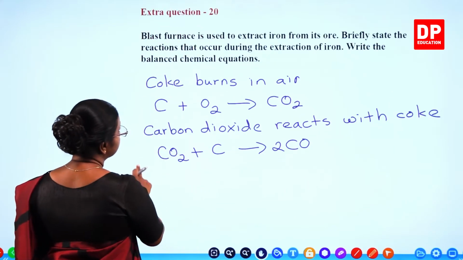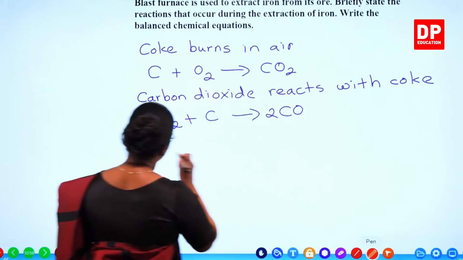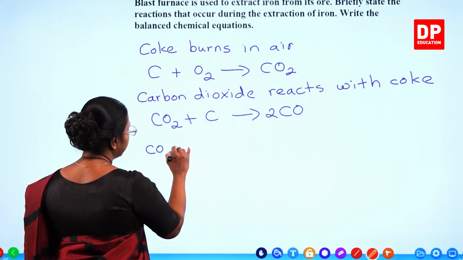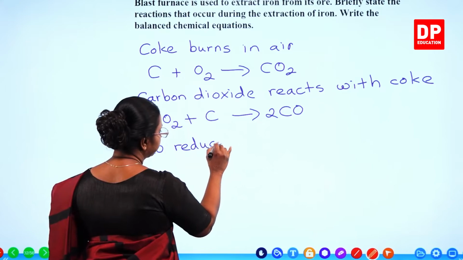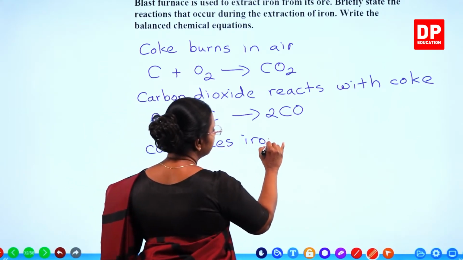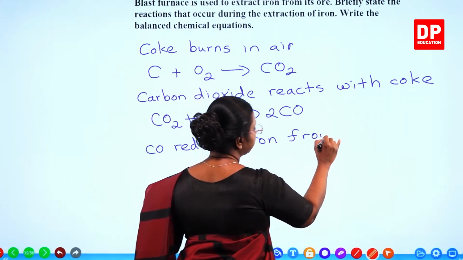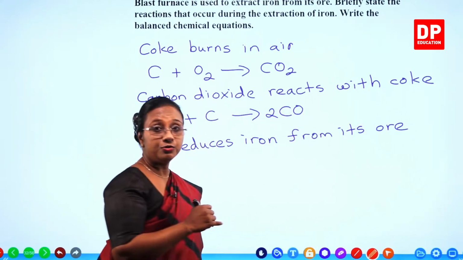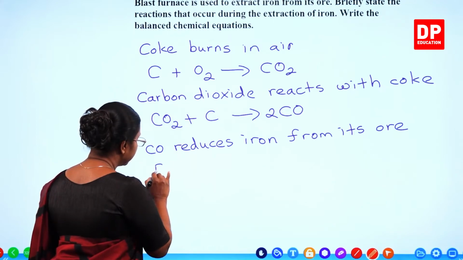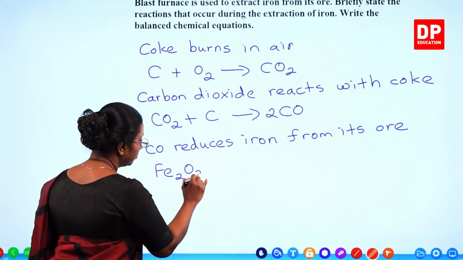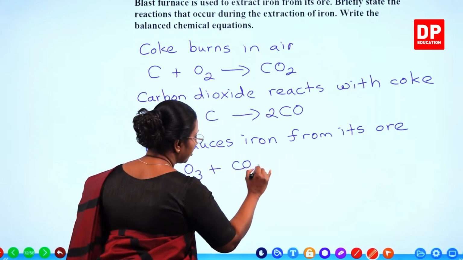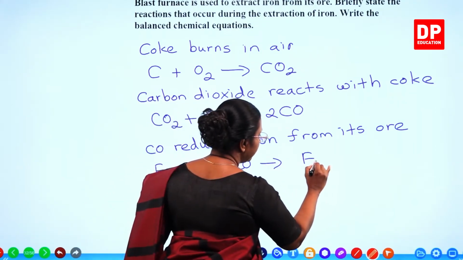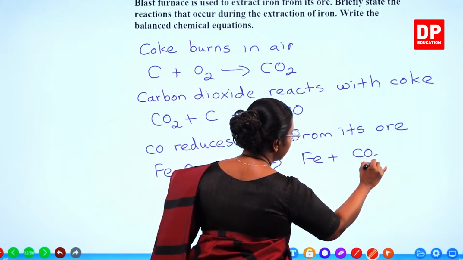Then what happens? Carbon monoxide reduces iron from its ore. What is the iron ore? You can remember it is Fe2O3 plus carbon monoxide gives rise to Fe plus carbon dioxide.